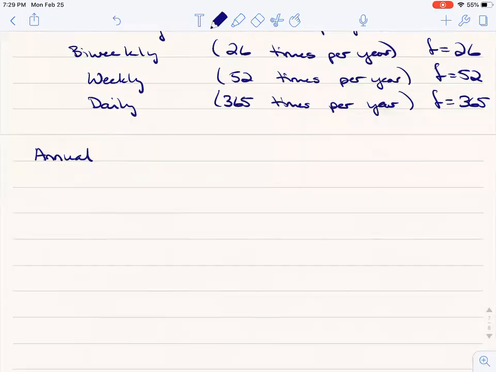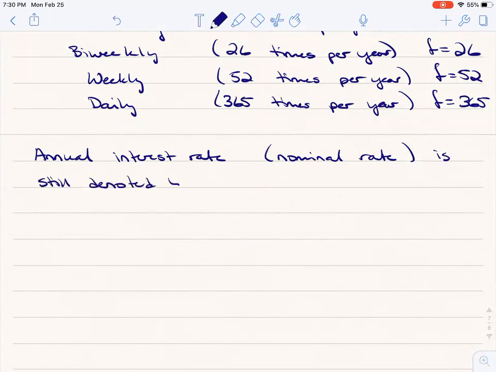So the annual interest rate, which is also called the nominal rate, is still denoted by lowercase r. But if you have a look on your formula sheet for compound interest, there are no R's on here, but we do have I's. Oh, there's only 2 R's, but we'll talk about those.